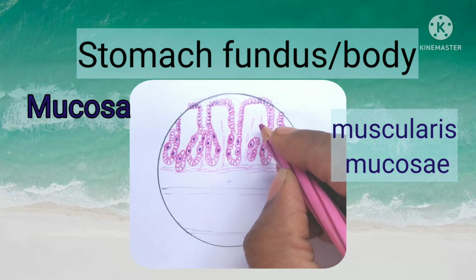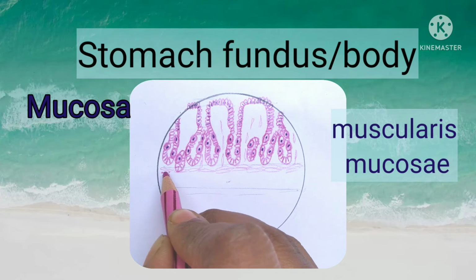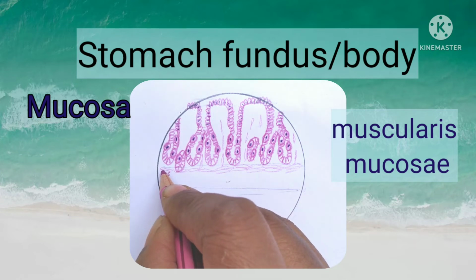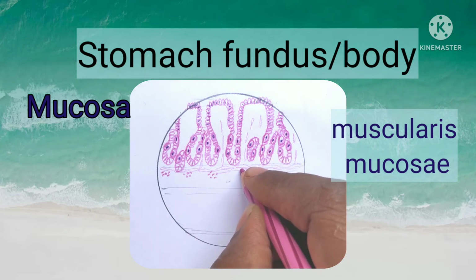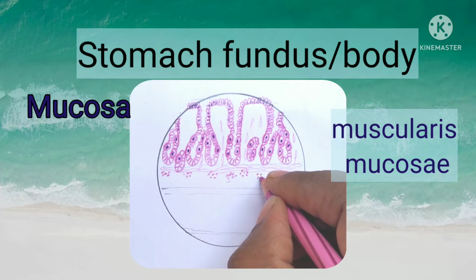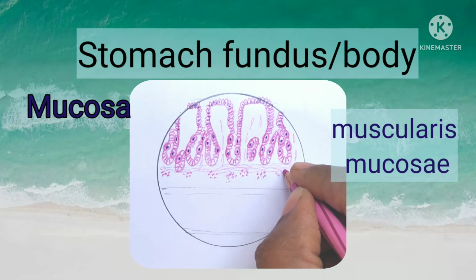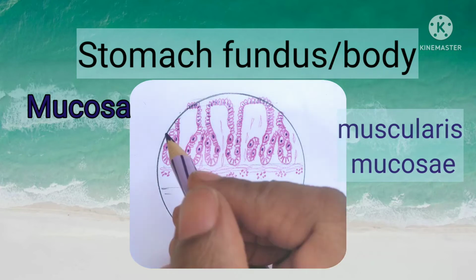Below that you have to shade the underlying structure, the lamina propria. Then you have the muscularis mucosae, inner circular and outer longitudinal. This inner circular layer will extend between the pits. A few smooth muscle fibers can extend into the lamina propria towards the surface also.